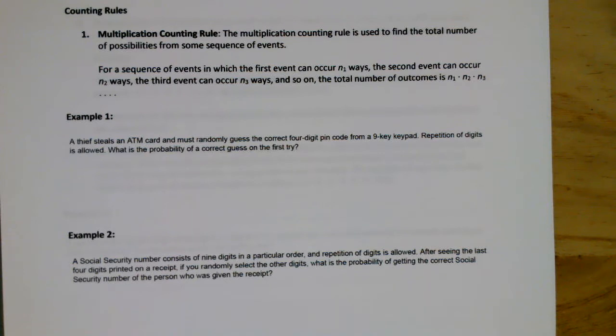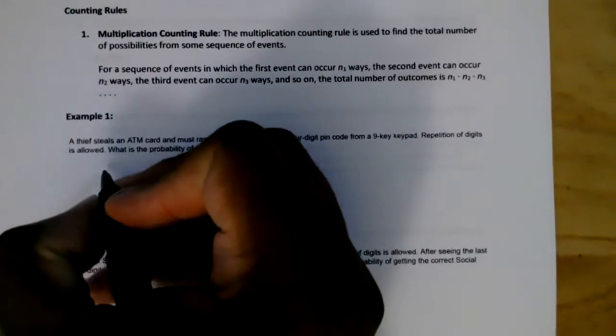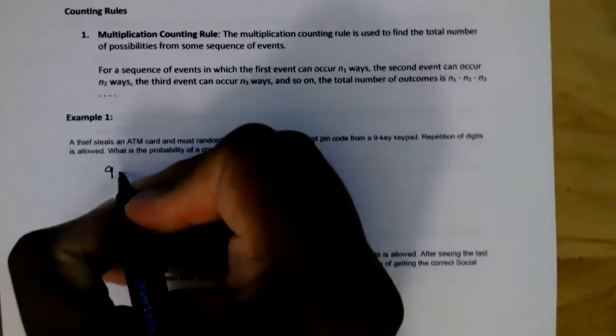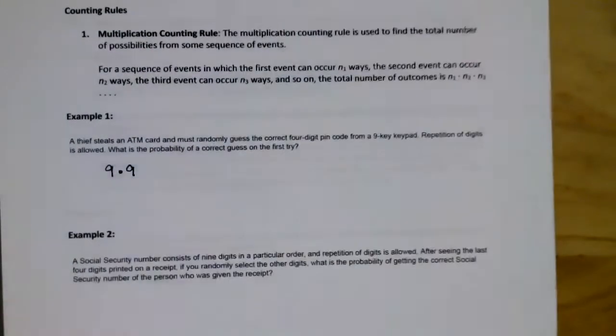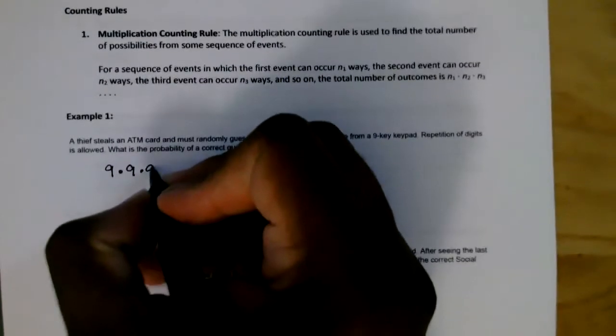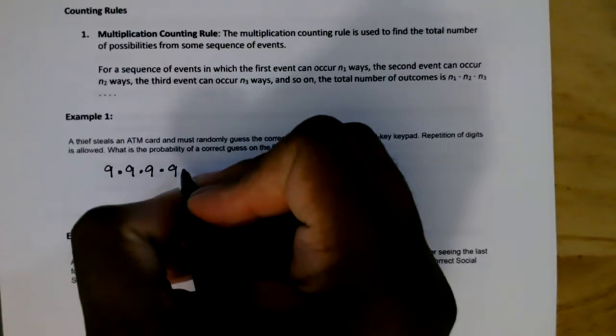All right, in this case, there are 9 keys on the keypad, and we do allow repetition. So for that 4-digit PIN code, the first digit can be selected 9 ways. The second digit can be selected also 9 ways. The third, 9 ways. And the fourth, 9 ways.